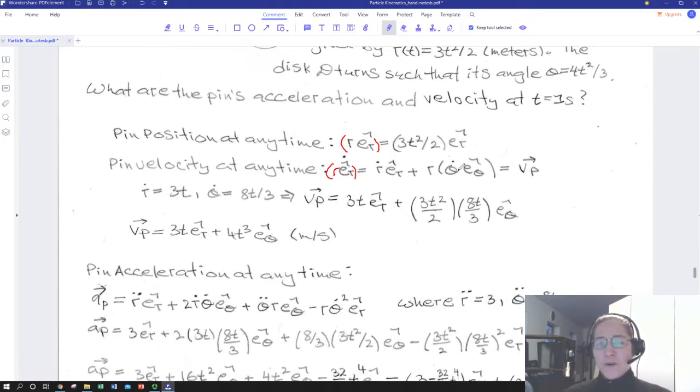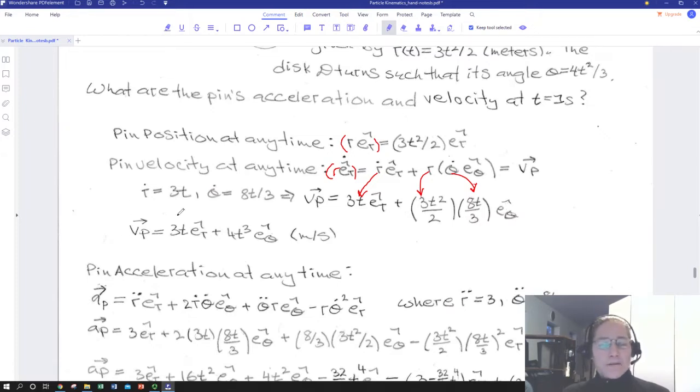We will need an expression for our theta dot, or d theta dt. Well, we have an expression for theta, so we can just take the first time derivative of that and get 8t divided by 3 and plug them in. So here's r dot in the r hat direction, there's r, and there's theta dot, and that product pointing in the theta direction.